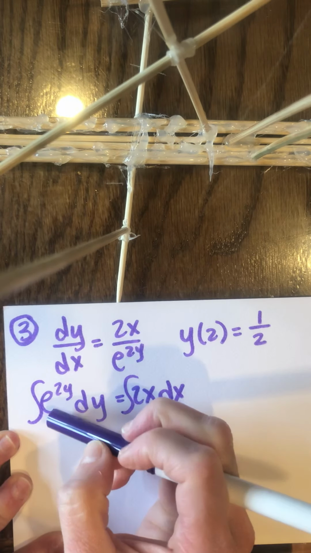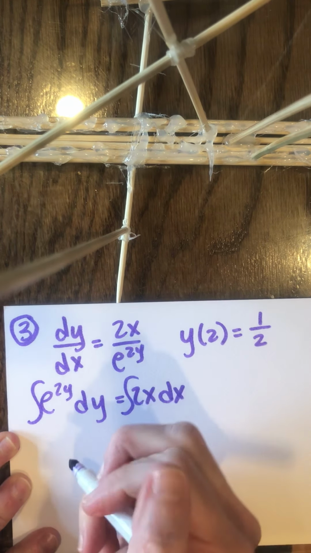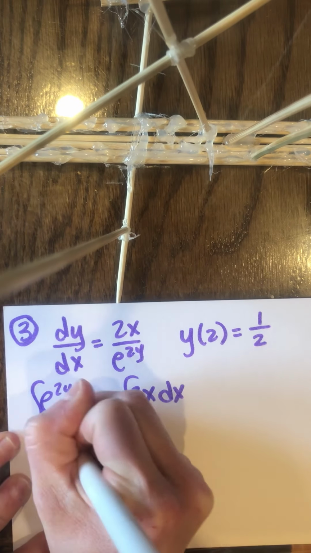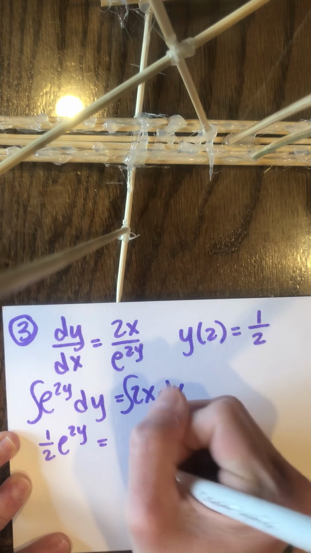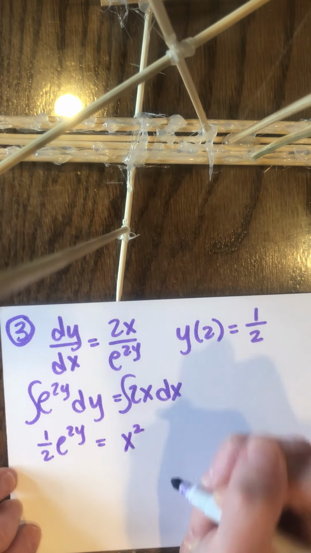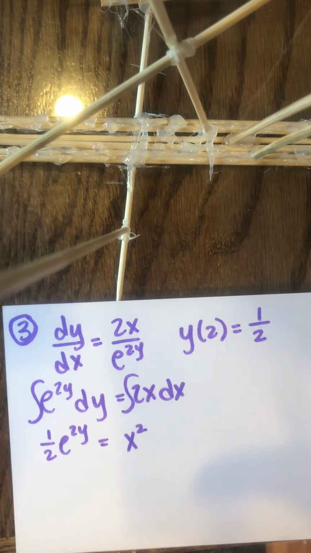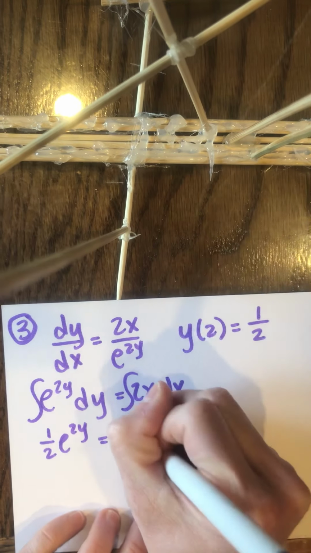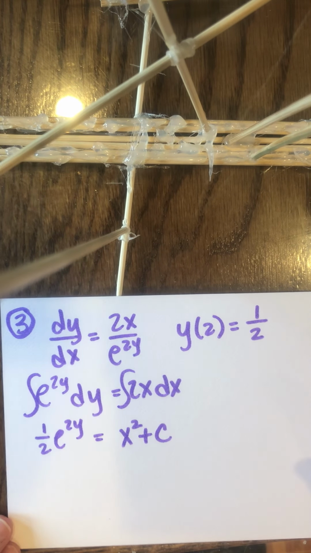The antiderivative of e to the 2y dy would be 1/2 e to the 2y. And the antiderivative of 2x would be x squared. Now, again, just as last time, I do not wish to really complicate things by having constants on both sides. So I'm just going to put a constant on the right-hand side of my equation.